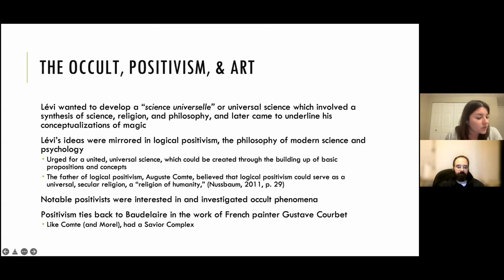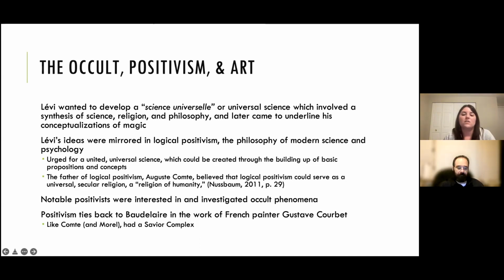And so we also interestingly see these ideas mirrored in logical positivism, which is the philosophy of modern science and psychology. So in kind of an unexpected place, considering that logical positivism emerges near the end of the 19th century, and also urged for a united universal science, much like Levi was arguing for.